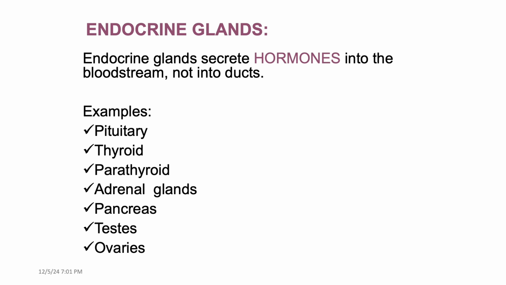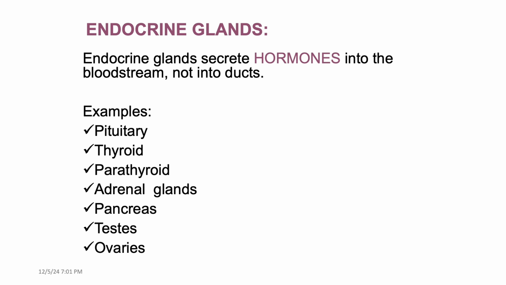So look out for the time when the pancreas secretes the endocrine type and then the exocrine type. So you have the exocrine pancreas and then what, the endocrine pancreas. So you should note that as well. So the endocrine glands secrete hormones directly into the blood and not into a duct.